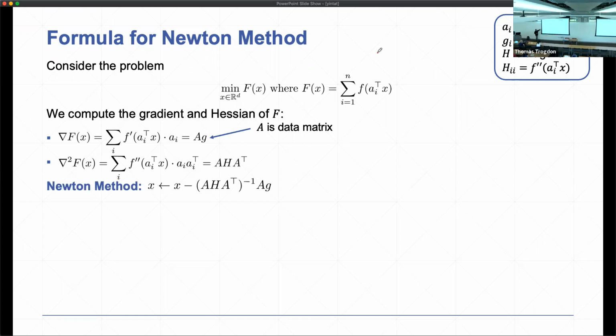Newton method can simply be written as this. Newton method is expensive because every step you need to invert a matrix. And one difficulty is that currently we still don't know how to solve a generalized linear model in fewer steps if you want polynomial running time.